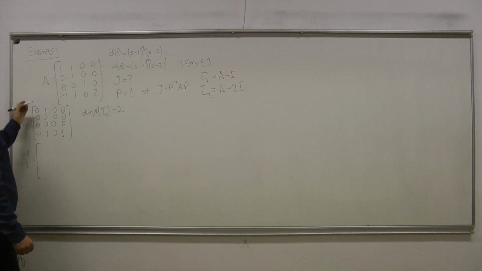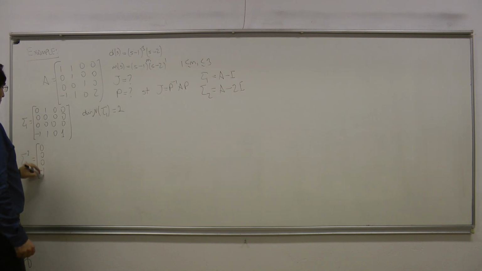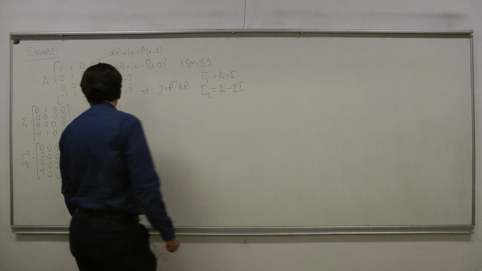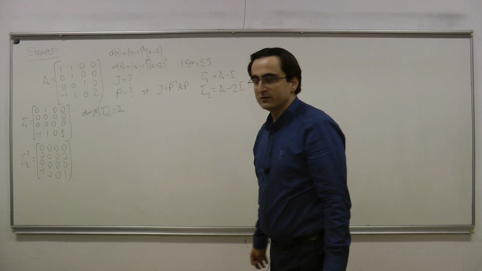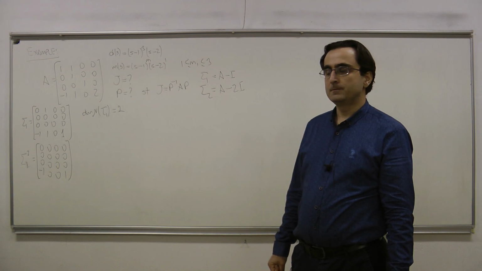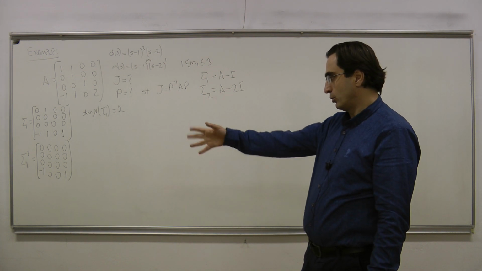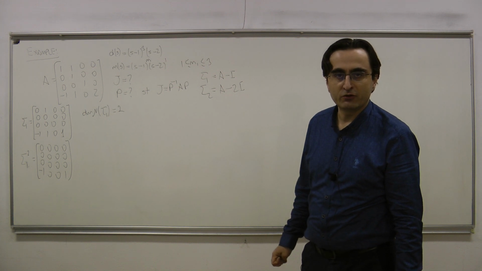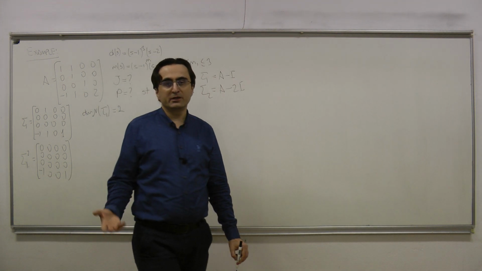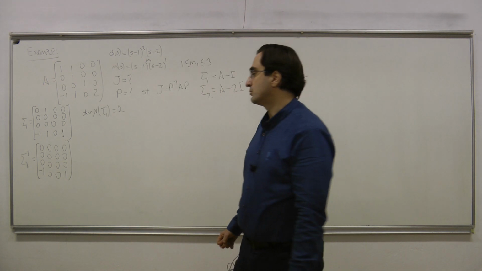Okay? So let me take the square of this matrix. So I would have here zeros, and I would have 0, 0, 0, 1. So you see that in this case I have only two non-zero columns. That means that the rank of this matrix is 2? No, of course not. Those two columns are linearly dependent with each other. Therefore, I have only one linearly independent column here, meaning that the rank of the matrix is just equal to 1.